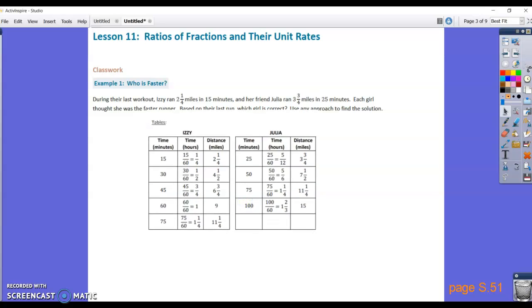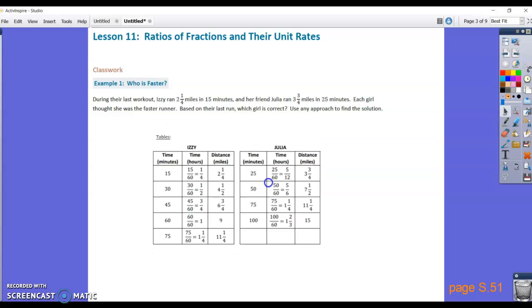Okay, so looking back at that table, we didn't talk about the hours. We were told how many miles per minute. However, a lot of times you are looking at it per hour, and you're welcome to do that as well. So 15, which was the time in minutes, per 60 minutes in an hour.